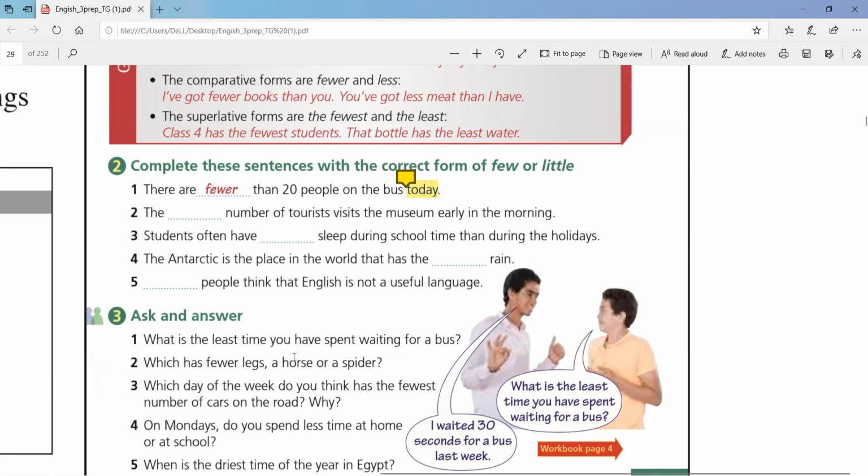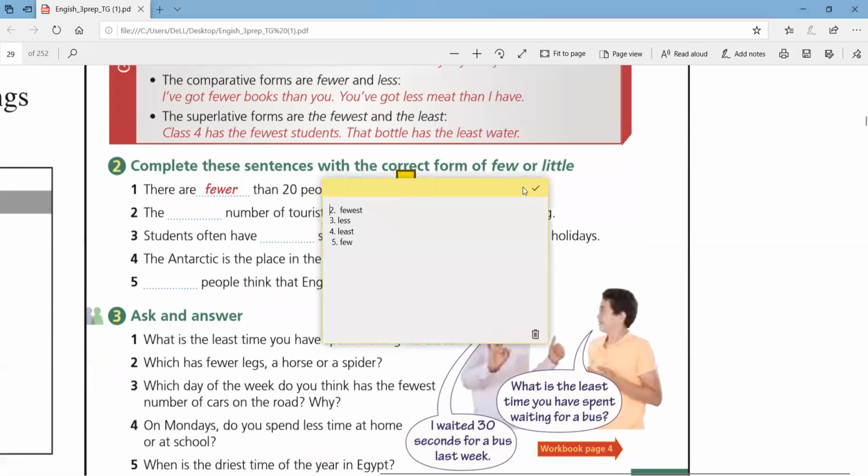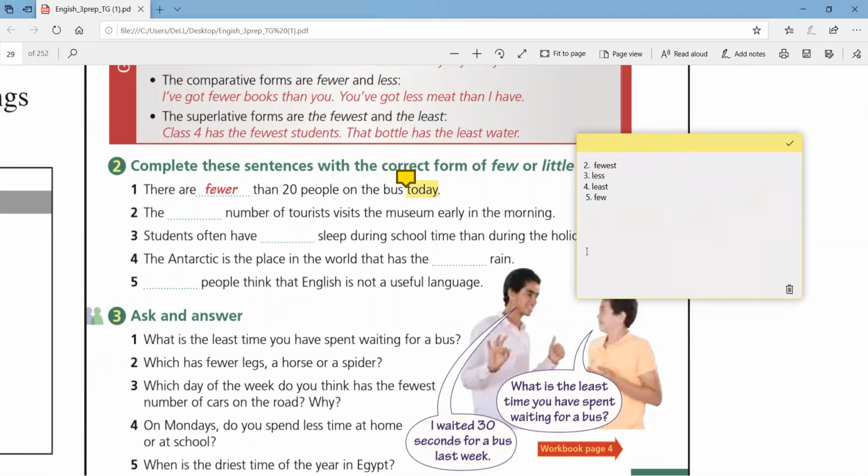Do sentences number 2, 3, 4, and 5. Number 2, the fewest number of tourists visit the museum early in the morning.